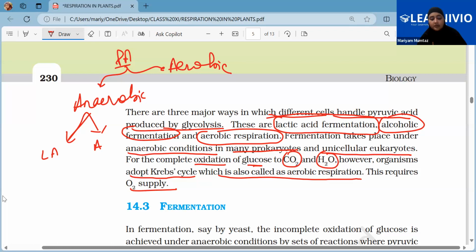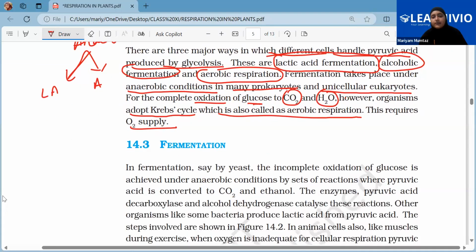Have you heard about yeast? Yes, ma'am. It's unicellular fungi. Correct. And all the fungi are eukaryotic. They are multicellular eukaryotic, but the only exception is the unicellular organism, that is yeast, Saccharomyces cerevisiae.